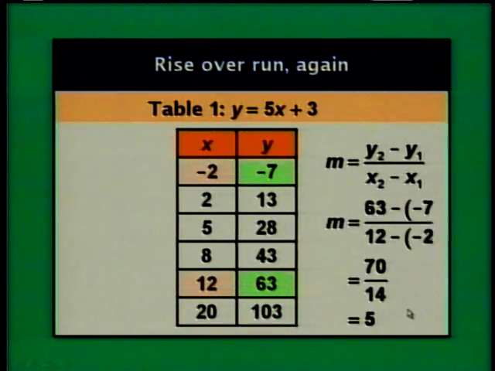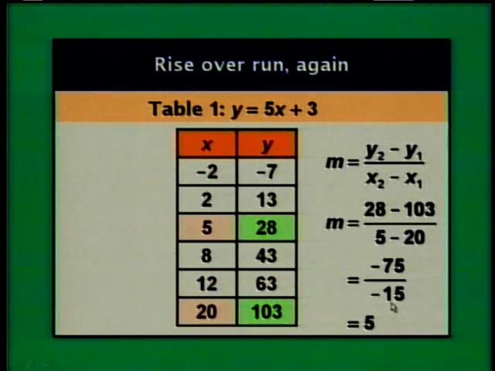Now, I don't have to look at consecutive rows in my table. When I choose the first row and the next to last row, I end up getting a rise of 70 over a run of 14. 70 over 14 reduces to 5. I could even go the other way. I could look at going from 103 down to 28.